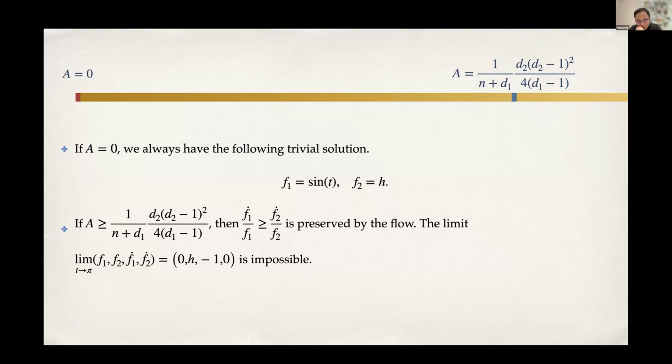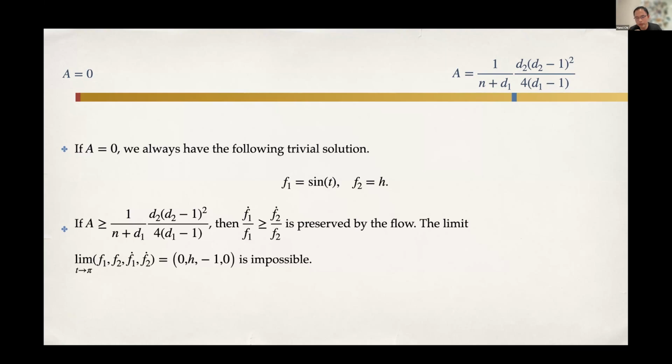On the other hand, if the quantity capital A gets too large, you can actually argue that the G/K with such a large A does not admit any G-invariant Einstein metrics within the two-summand ansatz.